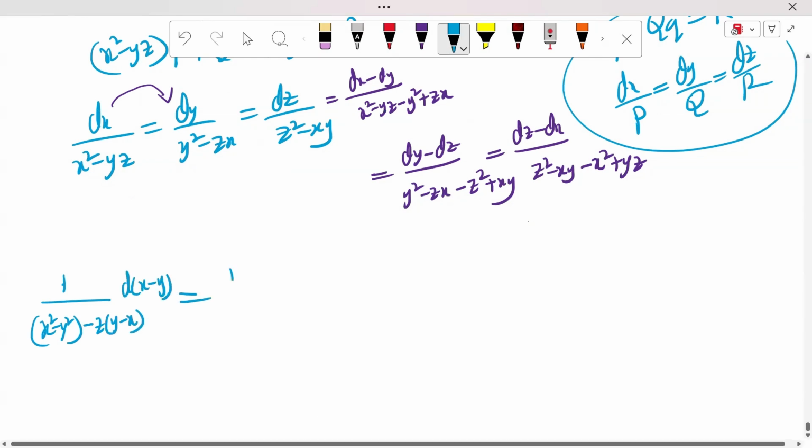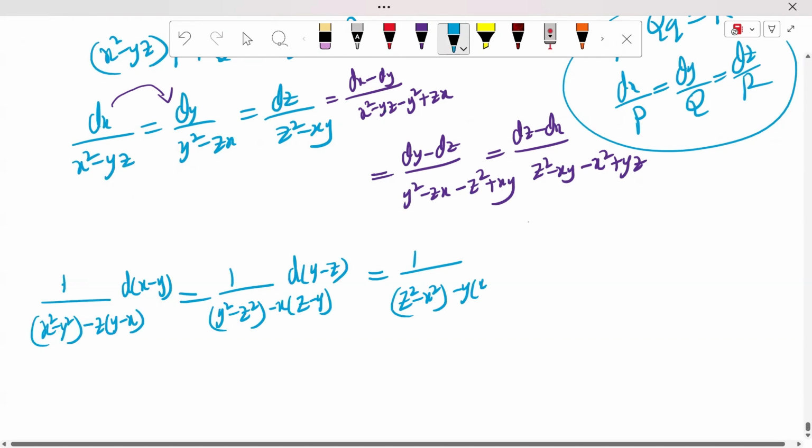Similarly 1 upon y square minus z square, with z minus y common, into d of y minus z. And 1 upon z square minus x square, with x minus y common, z minus x, into d of z minus x.